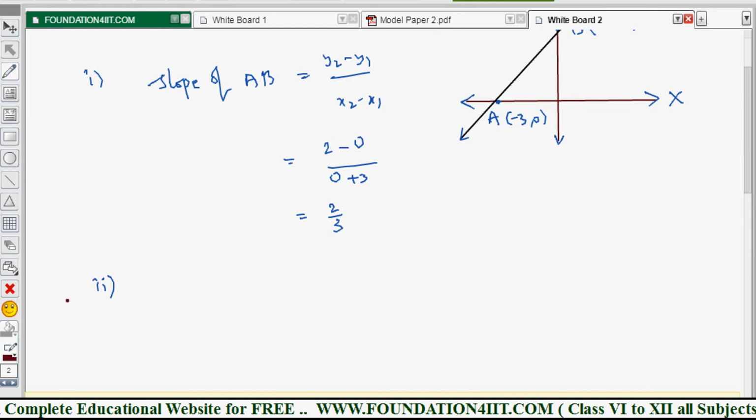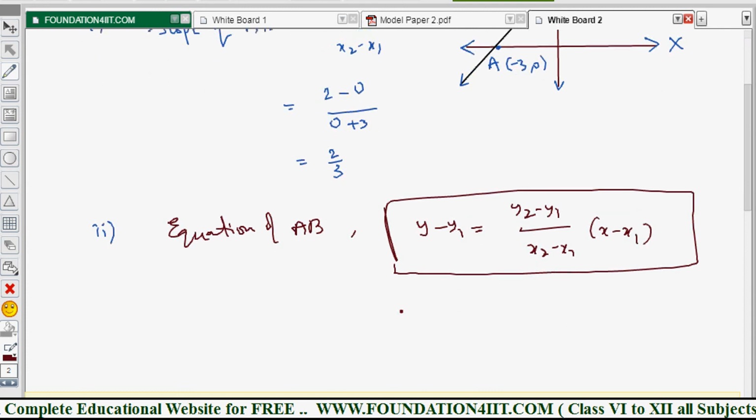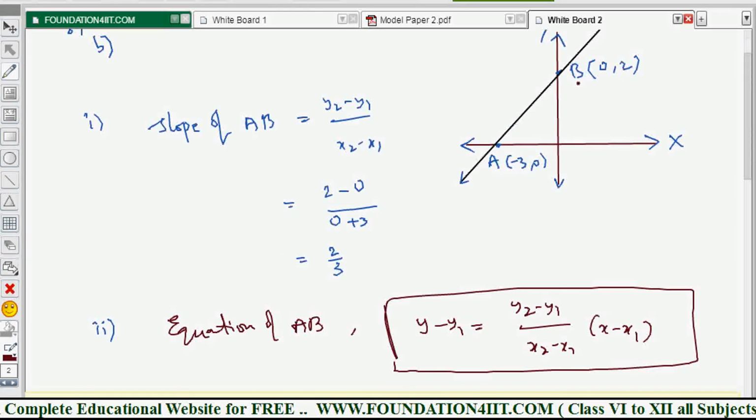And the equation of AB, next question. When you want to find the equation of AB, we use the formula y minus y1 is equal to y2 minus y1 by x2 minus x1 into x minus x1. So this is the equation of a line using 2 points. A is x1 y1 and B is x2 y2.